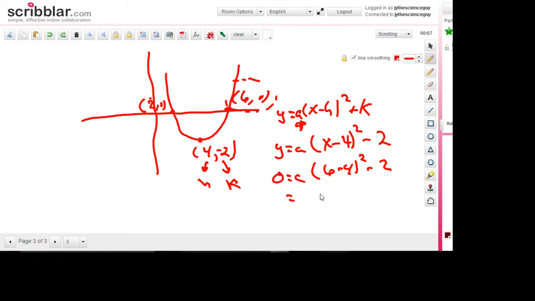Squared is 4. So this would be 4a. I keep forgetting the a's there. Minus 2. And that's equal to 0, so what's a equal to? Okay, gotta add 2 on both sides. That's 2 divided by 4, which is 1/2. So the general equation from this picture would be y equals 1/2 times x minus 4 squared minus 2.